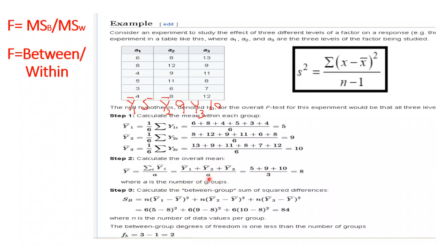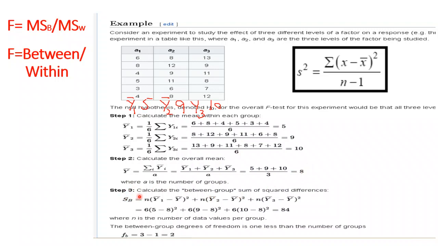There are 3 groups in this study. So 5 plus 9 plus 10 divided by 3 is equal to 8. Now the overall mean is 8.